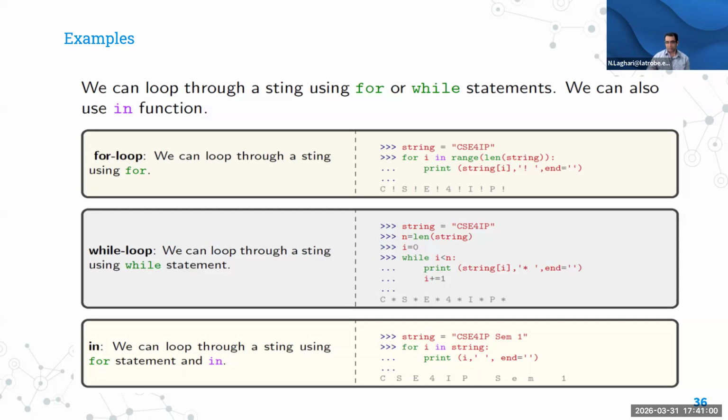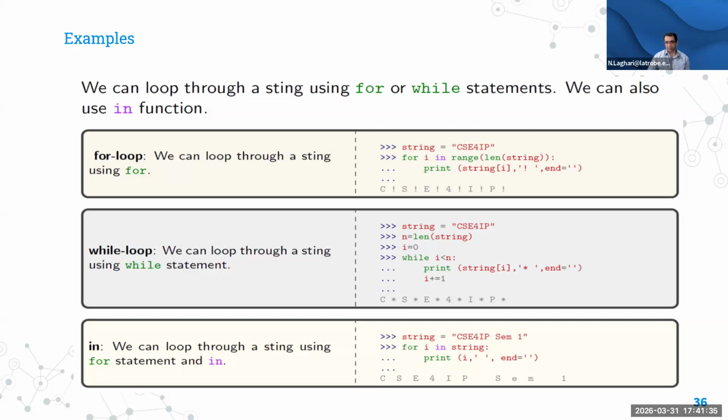So what we want to do here is that we have a string, which is CSE for IP, and after each character in the string, we want to add this exclamation, okay? And we say that it should still be printing on the same line. Because if we do not add this end equals empty character, the program would be printing every character on a new line.